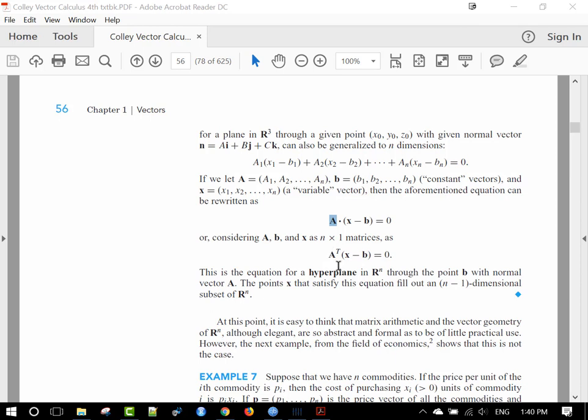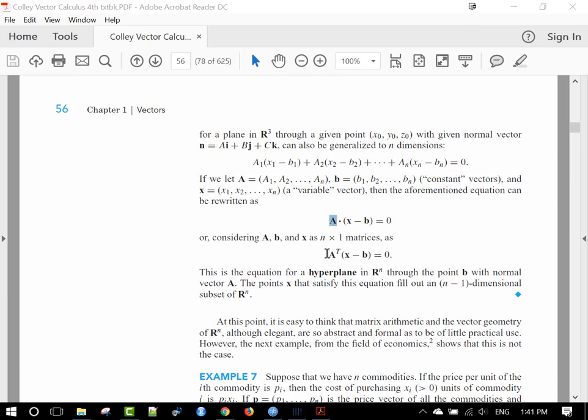So now it has n rows and 1 column, and these have 1 column and n rows, and the transpose has 1 row and n columns. And so when we multiply that out, we get a one-dimensional matrix, and we set it equal to 0.